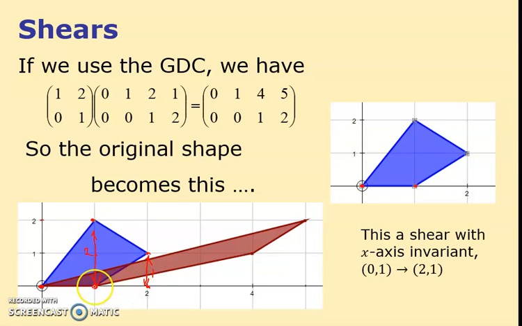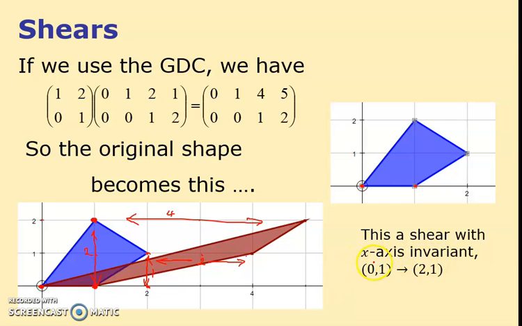So how far has this point moved? Well, it has moved 1, 2 away. So you can see it has gone 2. But this point here, because it was twice as far up, has moved 1, 2, 3, 4. It has moved 4 away from where it was originally. And notice it moves in the direction of the x-axis. But the size of that movement is determined by the distance away from the x-axis. And we call this a shear with x-axis invariant.